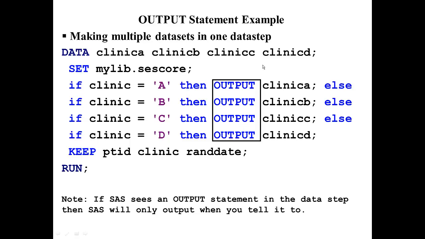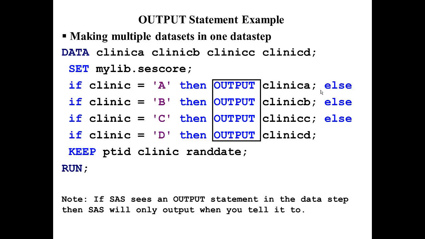Our statements say that if clinic equals A, then output clinic A. So if the observation that we are processing is from clinic A, then that particular observation will be outputted to the new SAS temporary dataset called Clinic A.